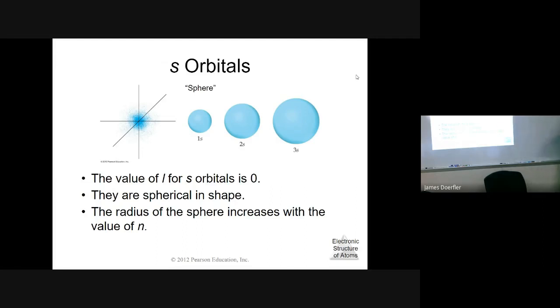Because you can imagine, you've got all of these orbitals being piled on top of each other. So we're getting much larger in a three-dimensional aspect. As we see here, look at the size difference, 1s, 2s, 3s. We're continually getting larger the more electrons we have at that particular energy level.